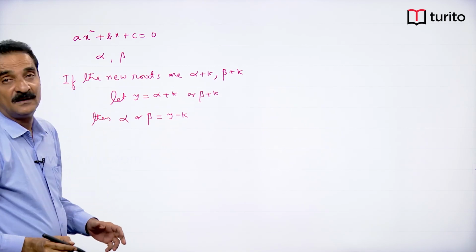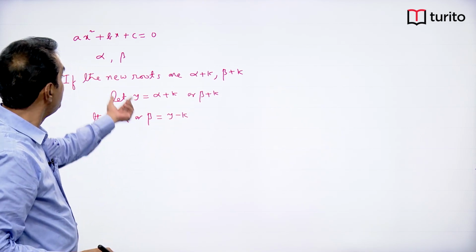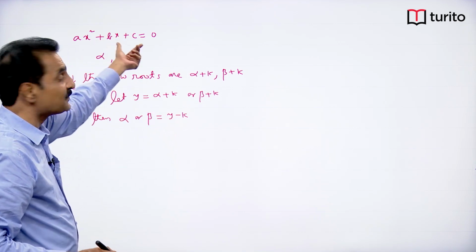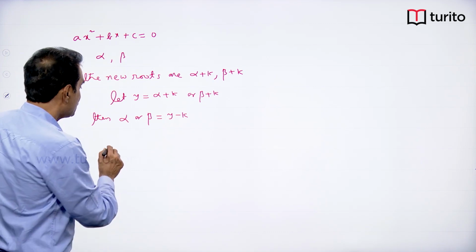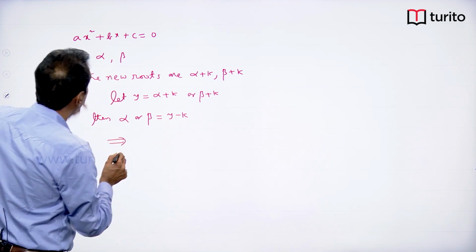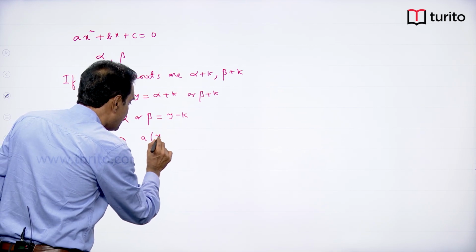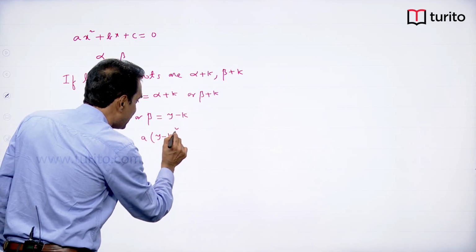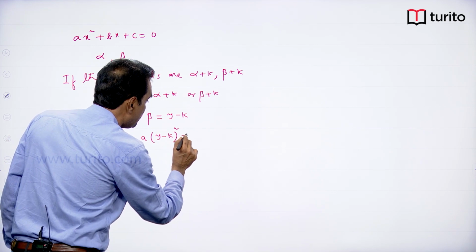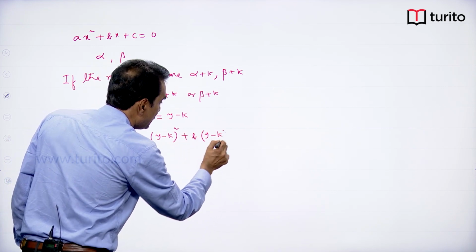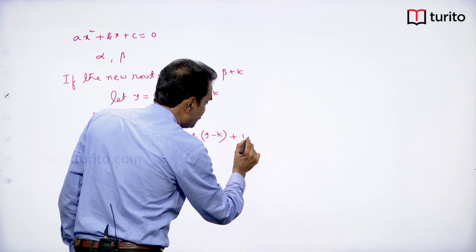Is it not? Now we know that alpha and beta should satisfy this equation. That means y minus k should satisfy this equation. So substituting y minus k in the given quadratic equation, you will get a into y minus k whole square plus b into y minus k plus c is equal to 0.